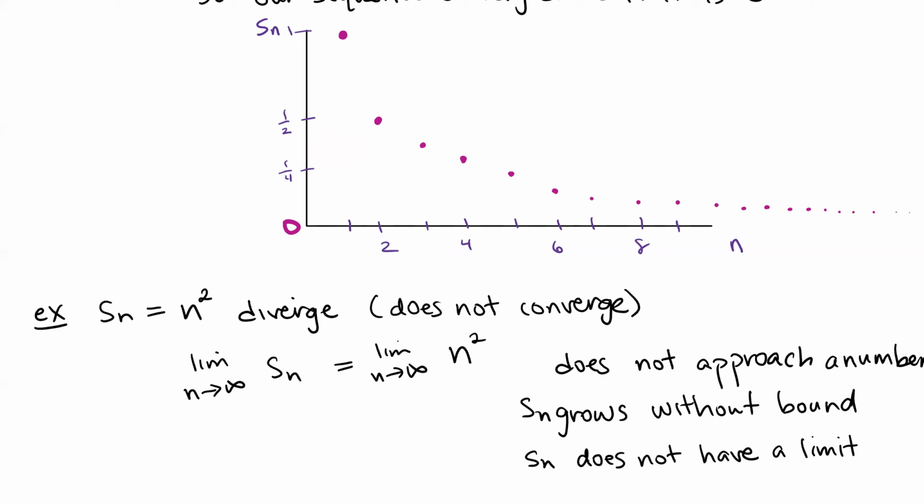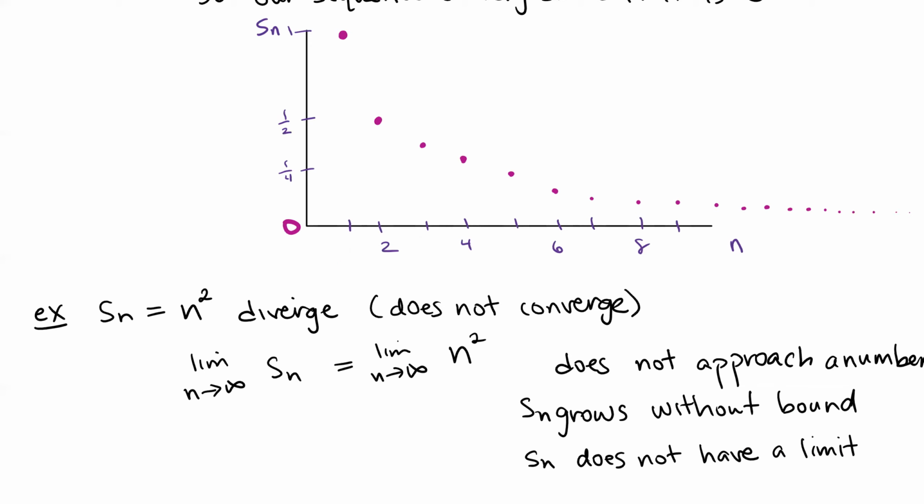And we know that n is going to get larger and larger, so that means that n squared is going to get larger and larger as well. So this does not approach a number, or in other words, Sn, our sequence, grows without bound. Another way to say this is Sn does not have a limit.